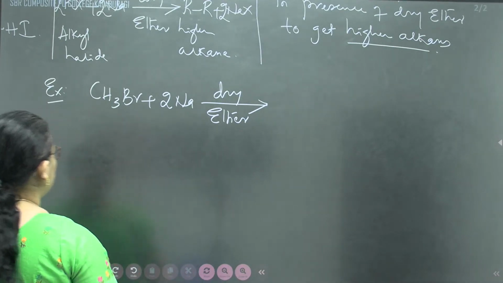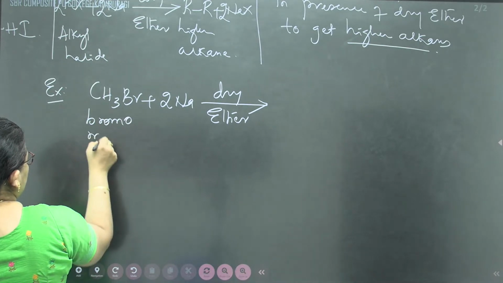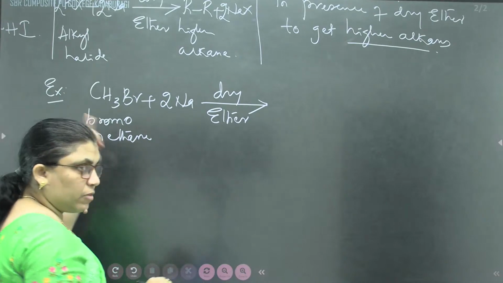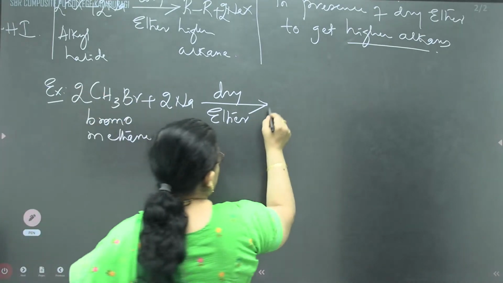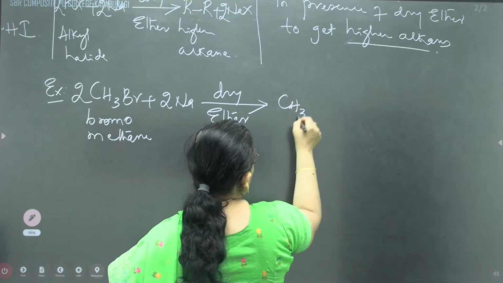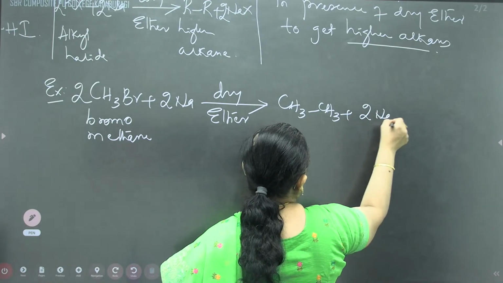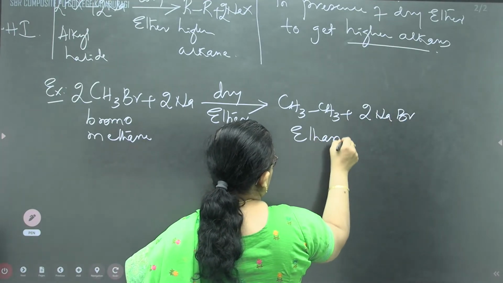So the alkyl halide is bromomethane. Bromomethane contains one carbon atom, so the product will contain two carbon atoms. Plus 2NaBr, it is converted into ethane.